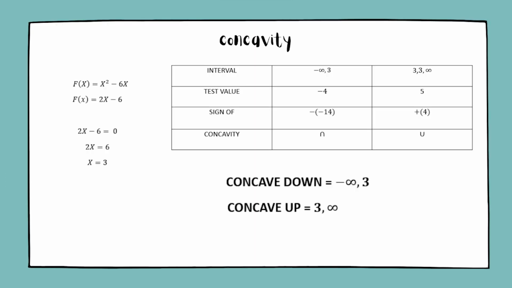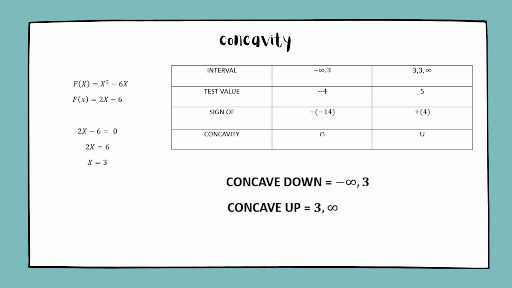For concavity, we take the equation that has been differentiated from the critical points and differentiate it one more time, and we find x, which is equal to 3. After that, we create a table that has interval, test value, sign, and concavity. For the interval, it's negative infinity to 3 and 3 to positive infinity. After that, we put the test value, which is between the interval values.